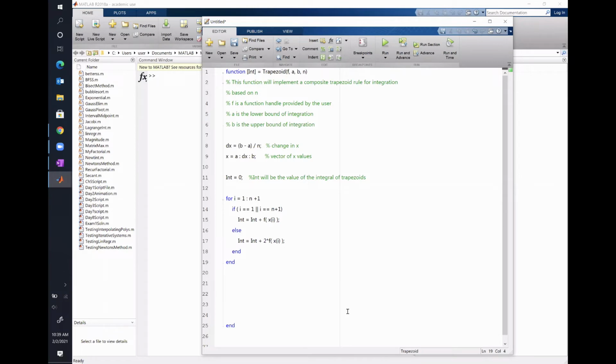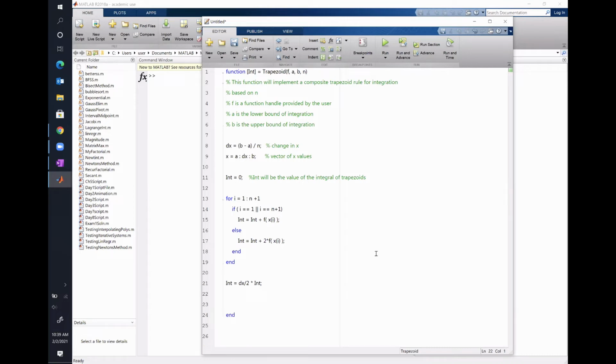Now, what's the only thing I have left to do after the for loop is done? I still have to multiply by delta x over 2. So int equals dx over 2 times int. I need to not forget to multiply by delta x over 2.